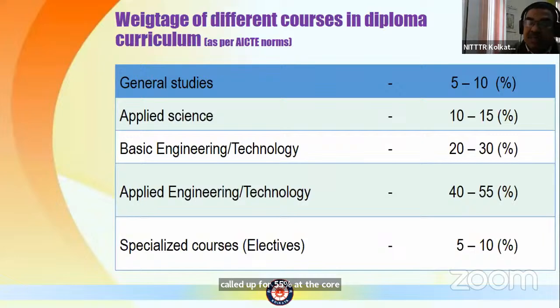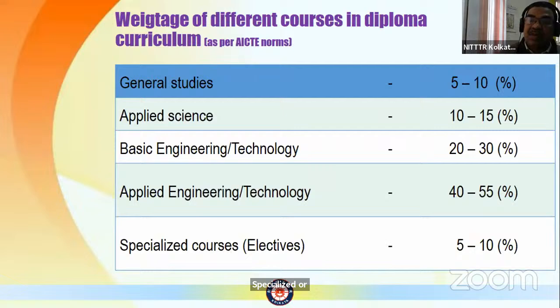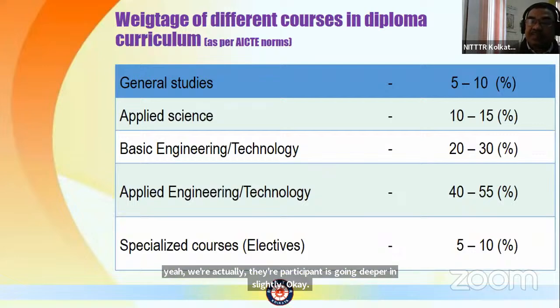Specialized or elective subjects again maximum 10%. So this is the diploma level, and in case of degree, the percentages may differ slightly. When you develop a curriculum, these things must be cross-checked based on this information.